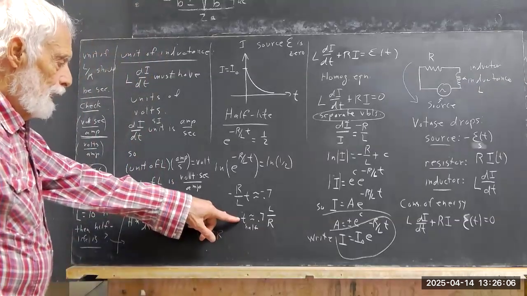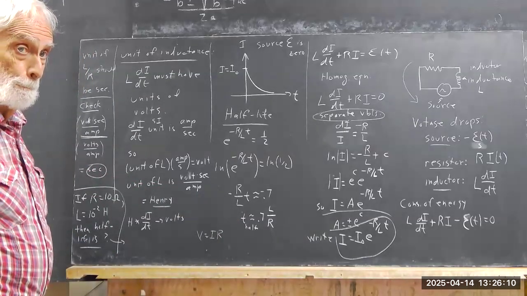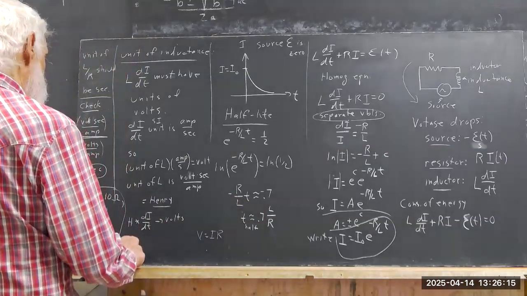Just label this half-life T half. Okay. And it's 0.7 L over R.